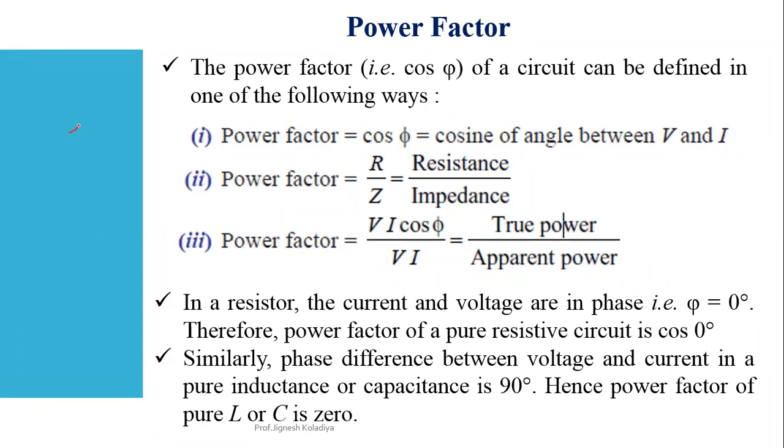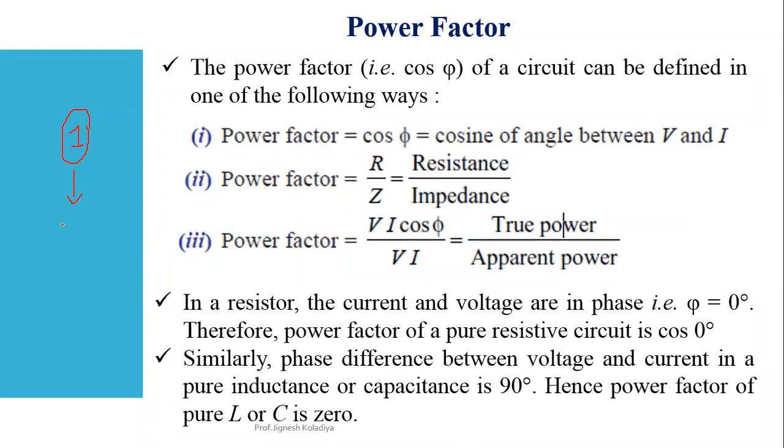Of course it is 1, but 1 is the ideal value. I told you that whenever current is passing from one place to another, due to the presence of resistance, some losses are there due to the conducting wire, right? But we are going to keep it near to 1.